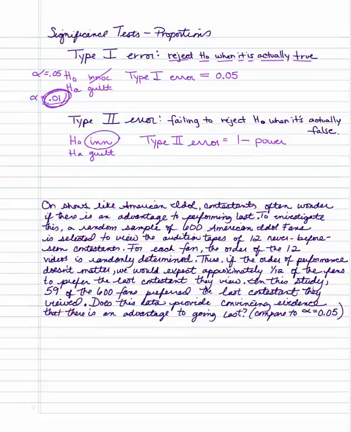When you lower your type 1 error, you actually lower the power as well. And what happens when you lower the power is you would actually increase your type 2 error. So you have to have a healthy balance. You don't want to make it super, super strict because then you're going to end up lowering your power, which then raises your type 2 error level.